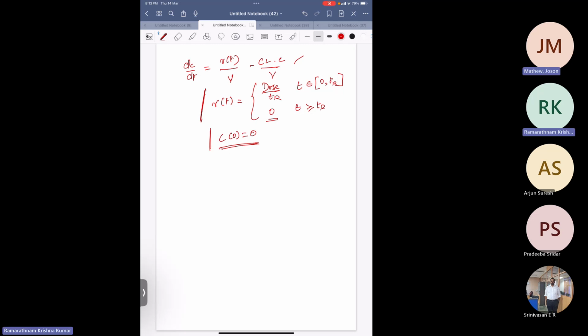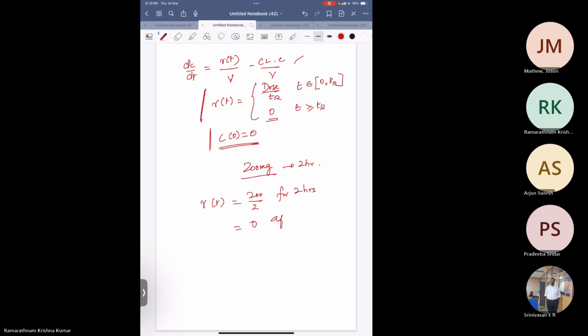Suppose 200 mg, this is the example, 200 mg of drug you are going to give. You can give it over a time TR, say 2 hours. So the rate is equal to 200 by 2 for 2 hours. After 2 hours, 0.